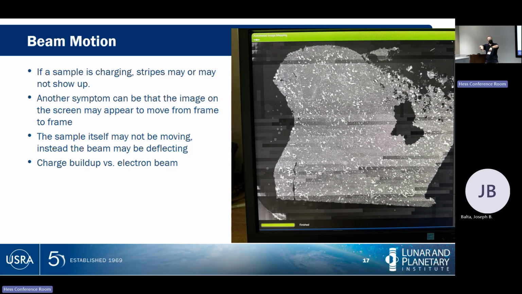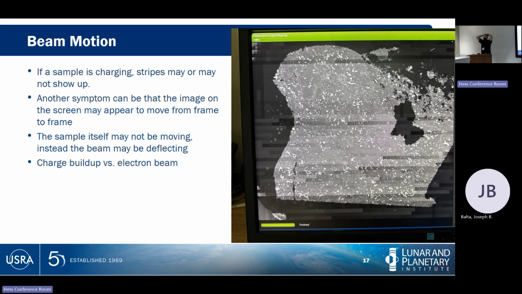Well, why is it doing this? It's not actually necessarily that it's moving. Well, it could be. But more likely it's building up a charge, and so every time it scans across, the beam gets deflected a little bit more. And that makes it look like the frame starts moving. So apparent motion on a screen is often an effect of a sample that is charging.